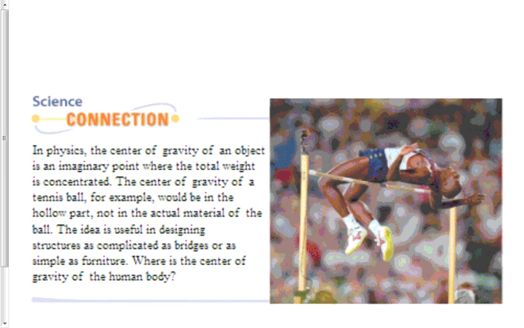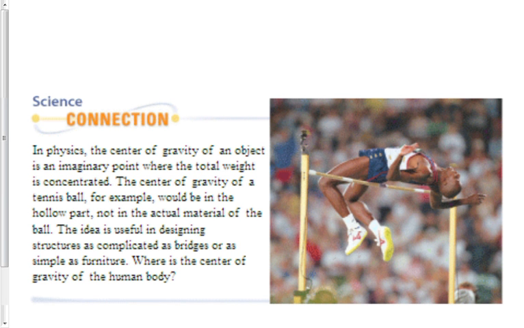Now this idea of the center of gravity has some real life connection in science. It says here in physics, the center of gravity of an object is an imaginary point where the total weight is concentrated. The center of gravity of a tennis ball, for example, would be in the hollow part, not in the actual material of the ball.